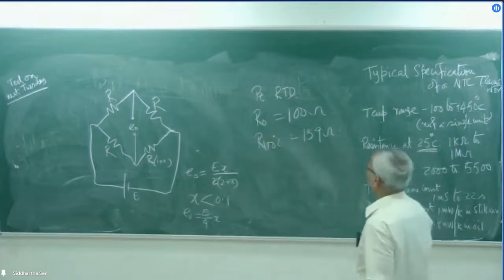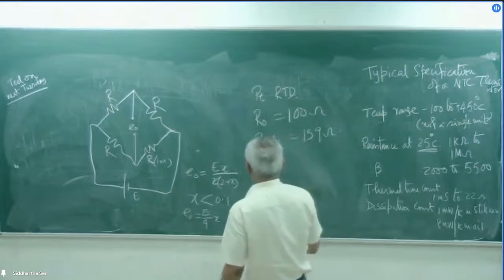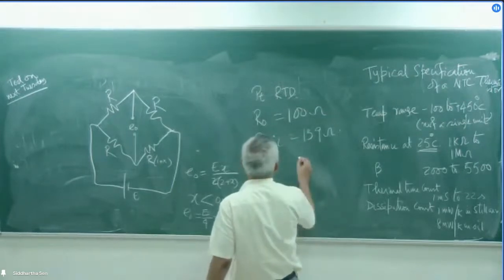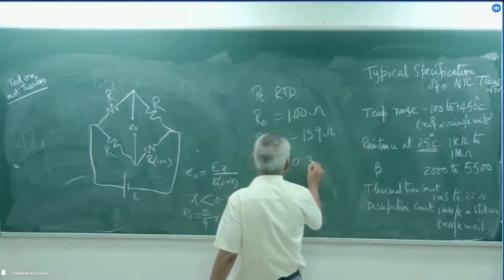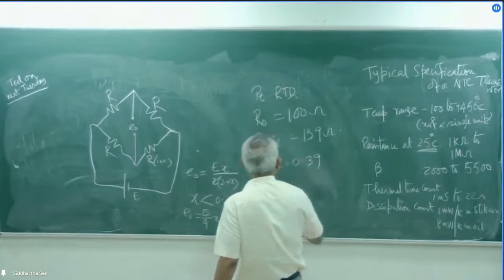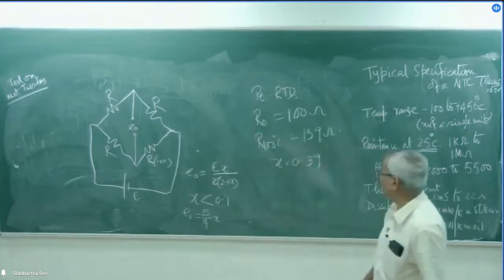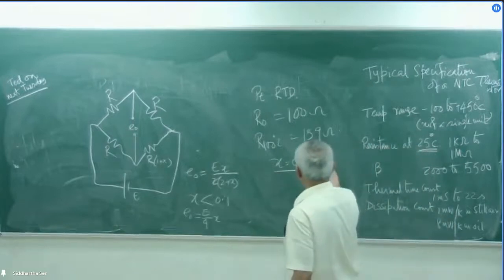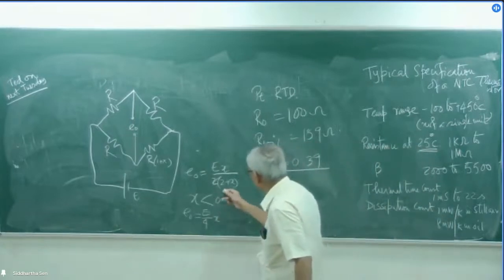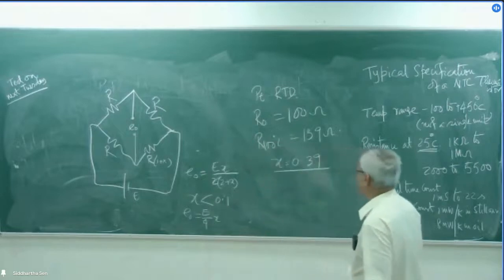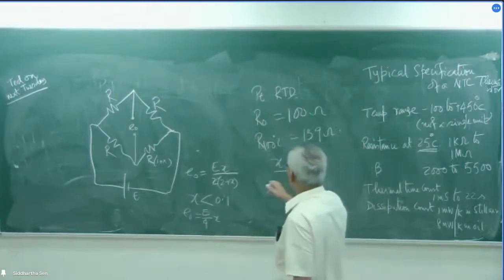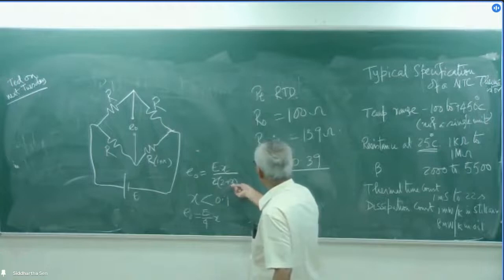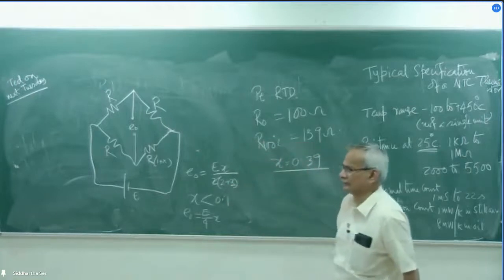So the change in resistance is 0.39, X is equal to 0.39. So naturally, you cannot neglect this, X is not very small, and it will cause a considerable amount of nonlinearity.